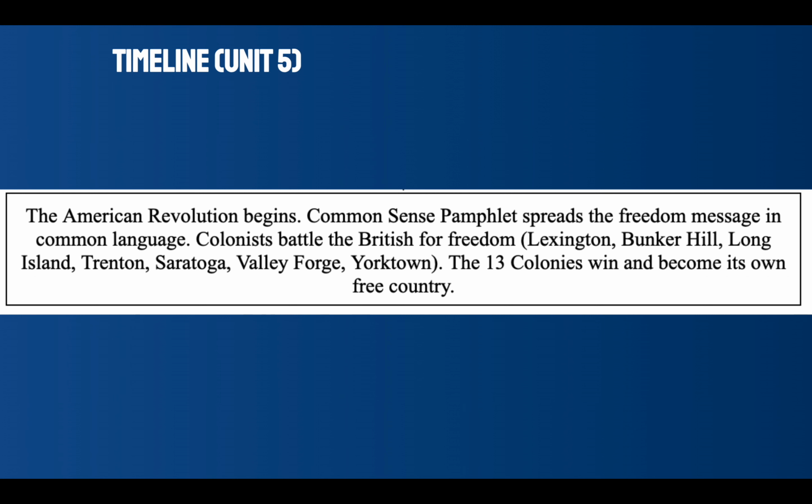That's the Battle of Trenton. Saratoga, we get France as an ally. Valley Forge, Washington and his troops battle a harsh winter. And then Yorktown is the end. We surround and force the surrender of the British generals. So where the midterm is, the 13 colonies win the American Revolution, become their own free country.